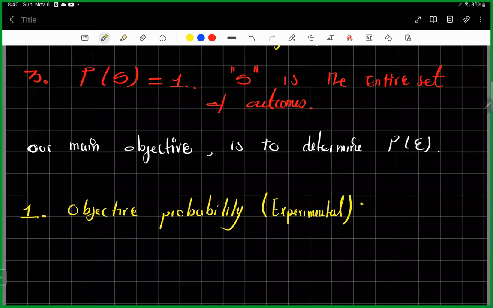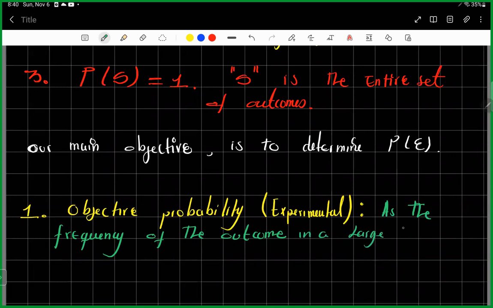Okay, so as the frequency of the outcome in a large number of trials, the frequency in a large number of trials.